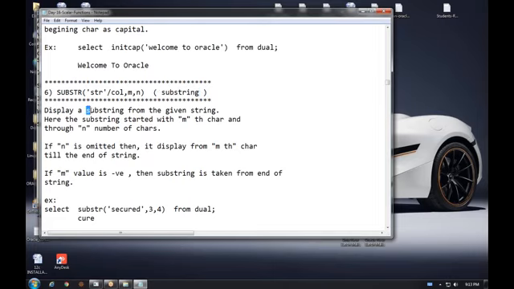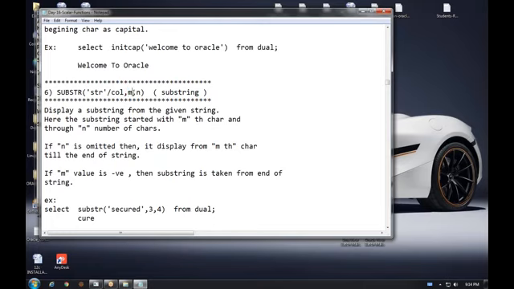From where up to where? That is decided by the M comma N values. M indicates from which character, either from beginning or ending.